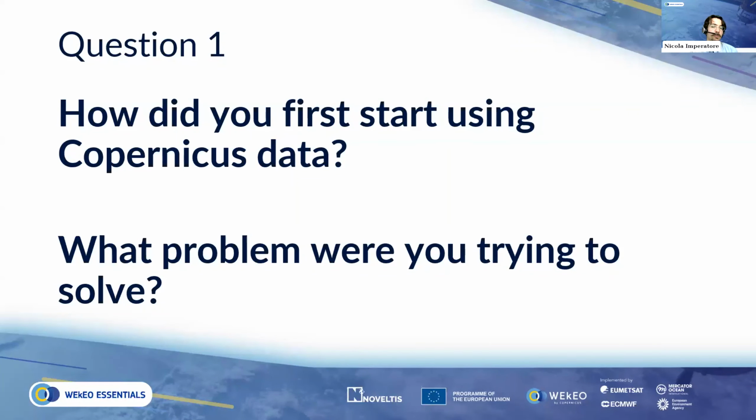The objective for my project was to download Sentinel-2 data in the most efficient way. And then more recently, for my PhD, I need to automatically download large quantities of Sentinel-2 data, so I use APIs to do this.